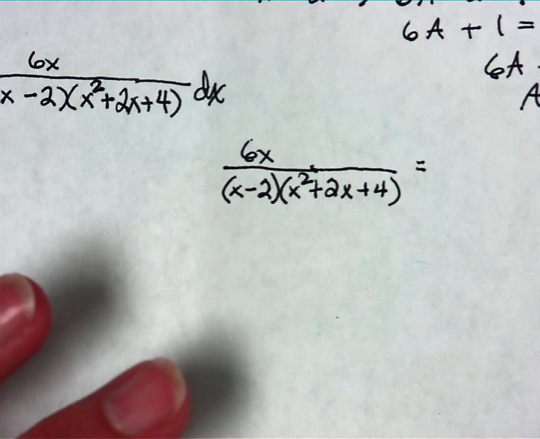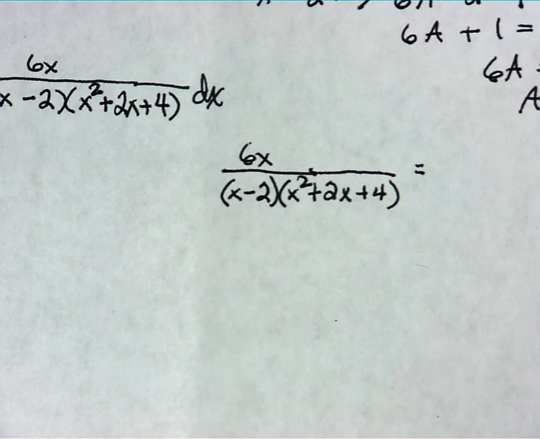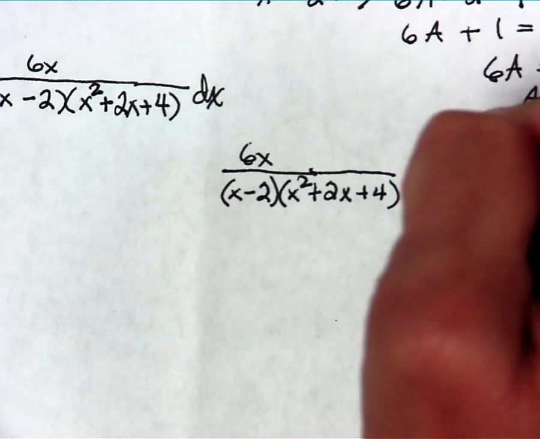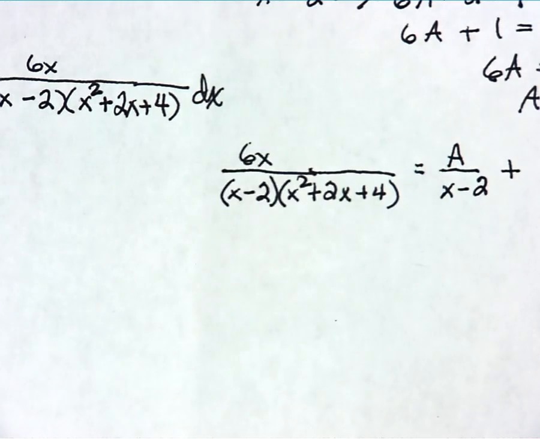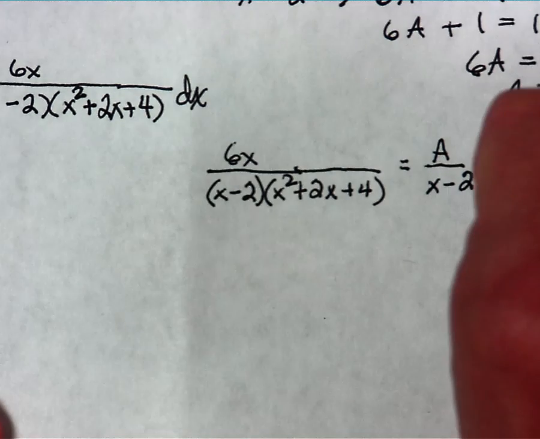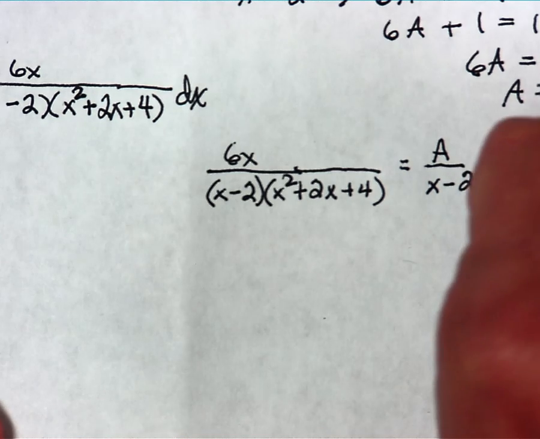In terms of the coefficients A and B and however many coefficients I need, how do I write that? A over my linear factor plus what? Linear factor over my quadratic factor.